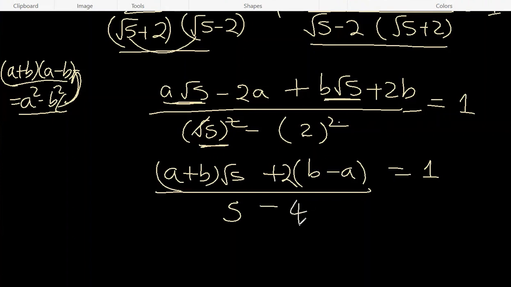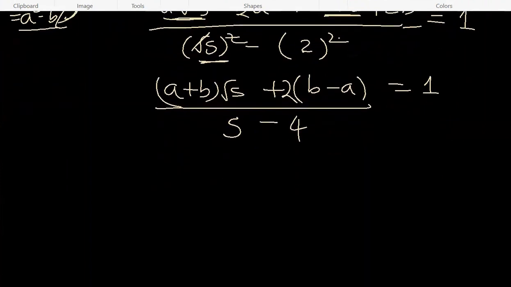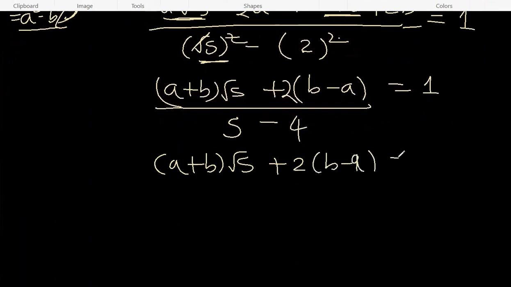So we have rationalized the denominator. So (a plus b) square root 5 plus 2(b minus a) equal to 1. I'm not writing the denominator anymore because 5 minus 4 is 1, and dividing by 1 does not make any difference.